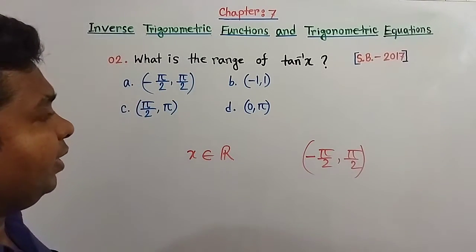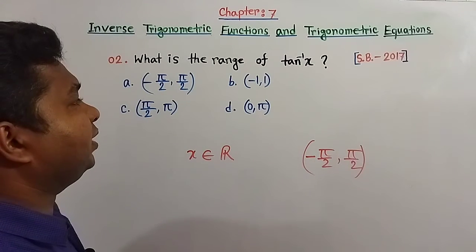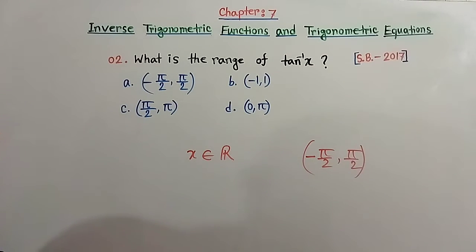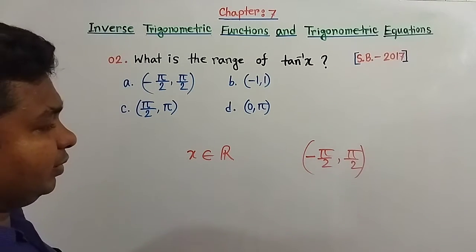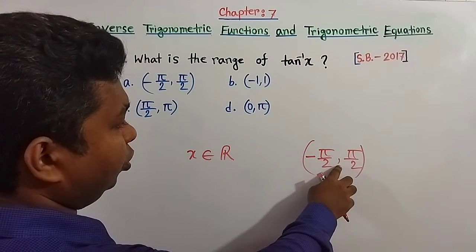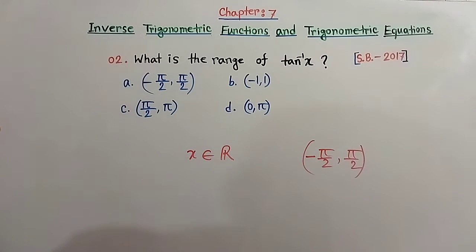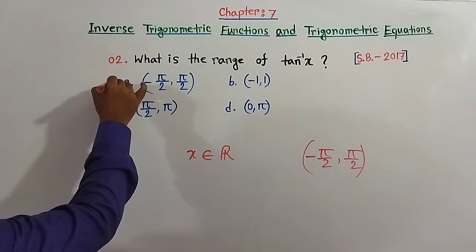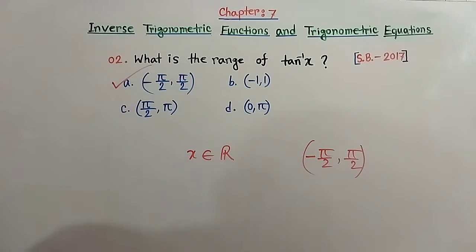Therefore, the domain of the function tan inverse x is R, that is real numbers, and the range is -π/2 to π/2. So our answer is option A, that is -π/2 to +π/2.